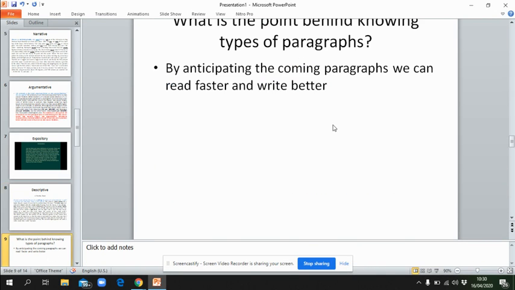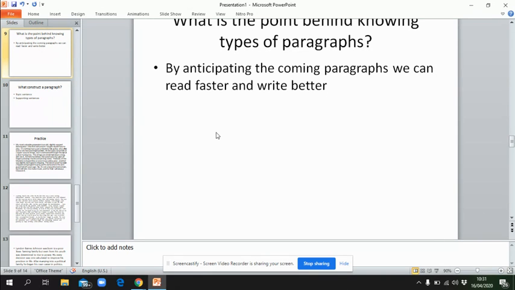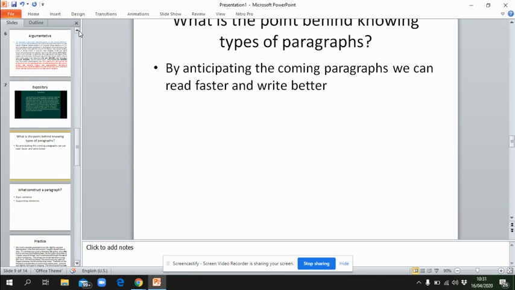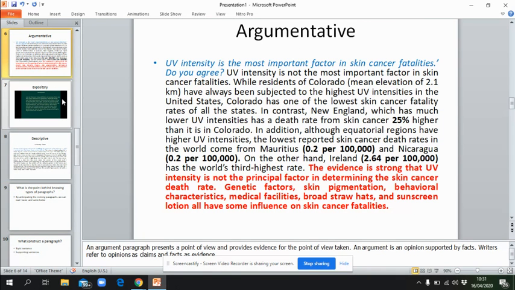So at the end, to conclude this video, what is important? What is the point behind knowing types of paragraphs? By anticipating the coming paragraphs, we can read faster and we can write better. Two of the most intriguing of these four kinds of paragraphs are argumentative and expository.